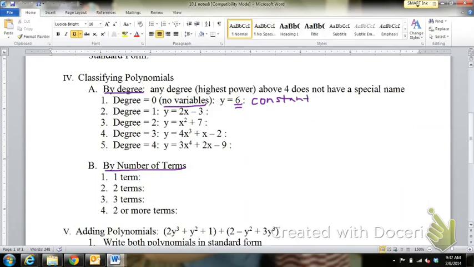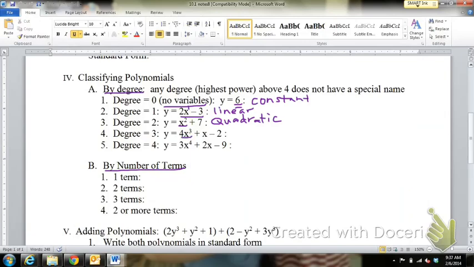It's just a number. After the equal sign, I have 2x minus 3. The highest power is a 1, so when a degree is 1, we call that linear, because that's the equation of a line. Y equals mx plus b, so that's why we call that linear. Degree of 2, you have an x squared term. X squared terms, remember from 9.8, is a quadratic equation.